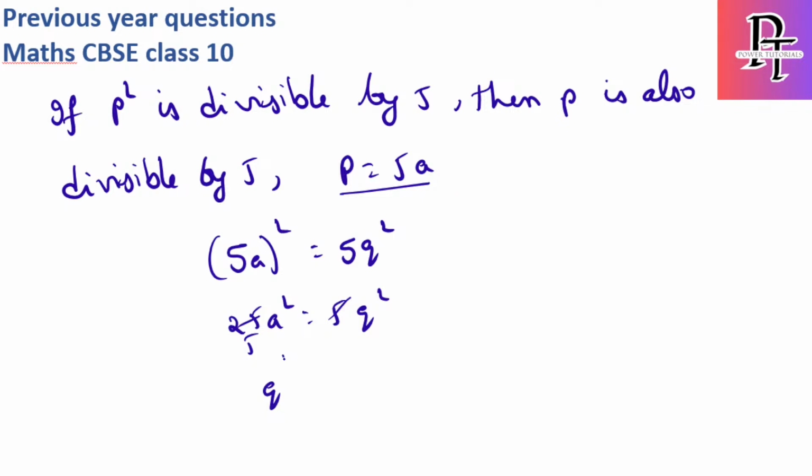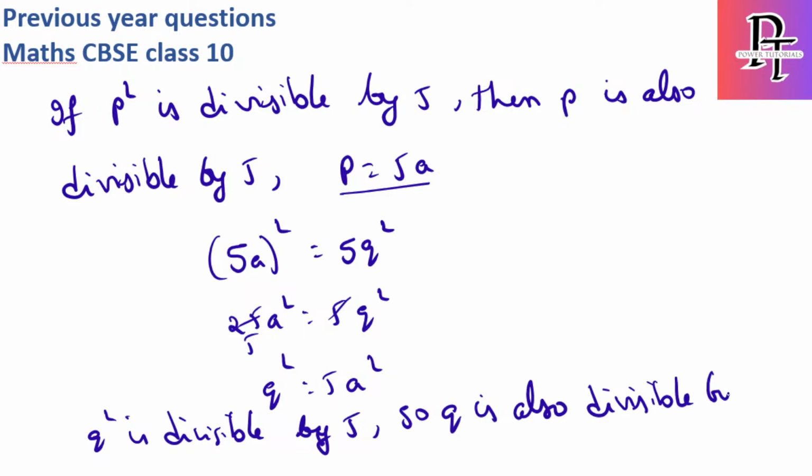So again from this statement I can see that q square is divisible by 5. So q is also divisible by 5. But at starting what I have mentioned, p and q should be coprimes.